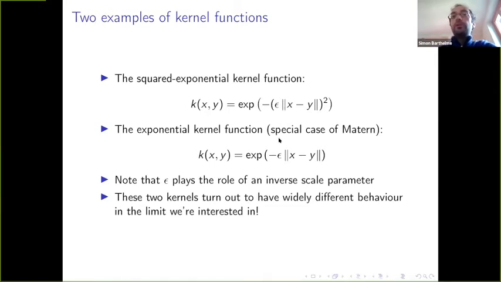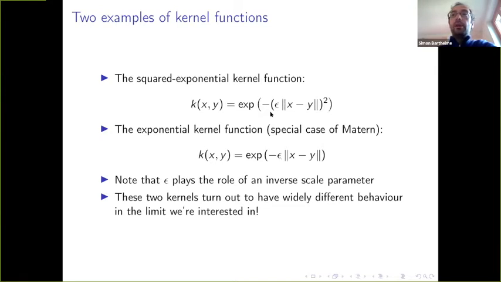So it tells you at which rate the kernel function goes to 0, so the similarity goes to 0 as the distance rises. And so that's an inverse scale parameter. And what I'm going to look at is what happens to the kernel matrix as epsilon goes to 0. So that means the scale goes to infinity.